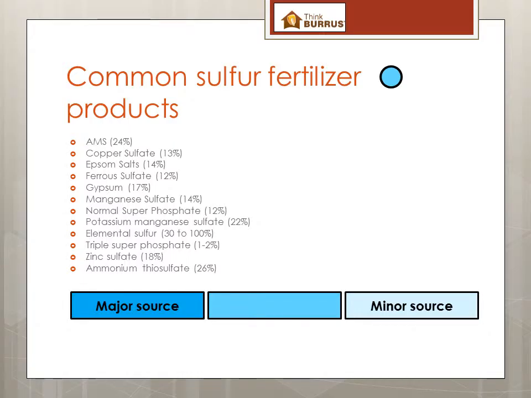There are other sources of sulfur as well that we can access. AMS, for instance, is one commonly used product that has sulfur within it. You can see the percentage of it there by weight. Gypsum is another one, another fairly common and often talked about source of sulfur, and it's about 17% of that product by weight. You can see some other sources of sulfur mentioned there as well.